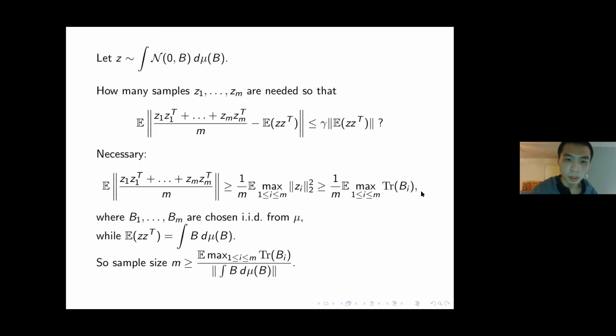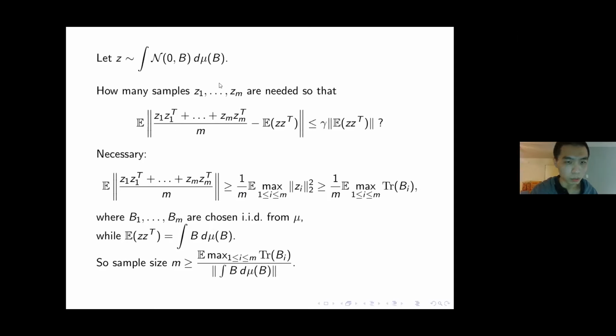Okay. On the other hand, if you look at the spectral norm of this, what's the true covariance matrix? Well, for a mixed Gaussian, the true covariance is just the average of these B. So the norm of this is at least this thing.